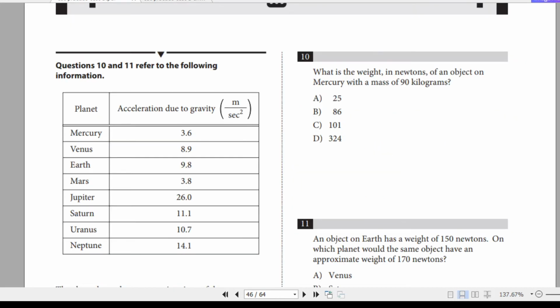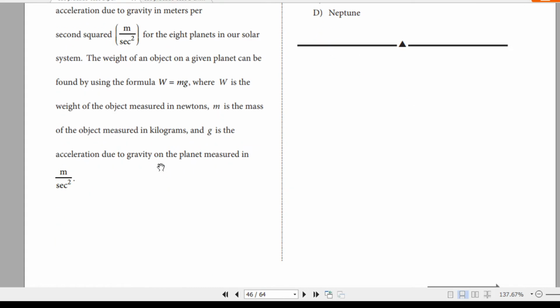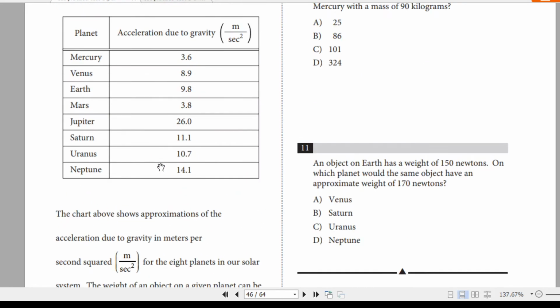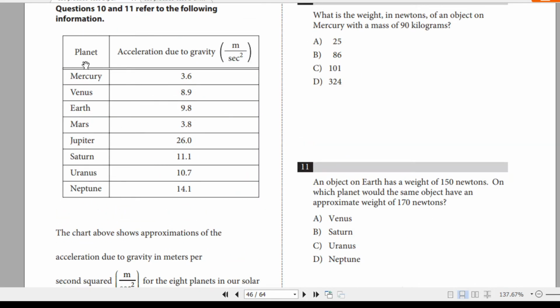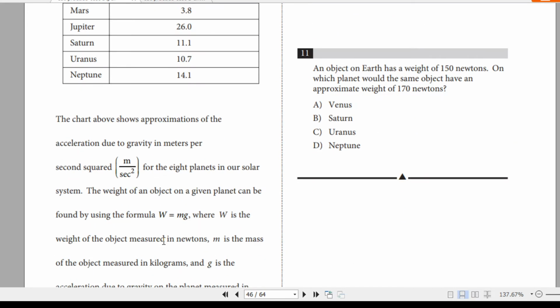Question number 10 and 11 refer to the following information. So you need to understand this table and all of the information given along with it. The table lists the planets Mercury, Venus, Earth, Mars, Jupiter, Saturn, Uranus and Neptune, and the acceleration due to gravity in meter per second squared for all these. The chart above shows approximation of the acceleration due to gravity in meters per second squared, the unit for the acceleration, for the 8 planets in our solar system.